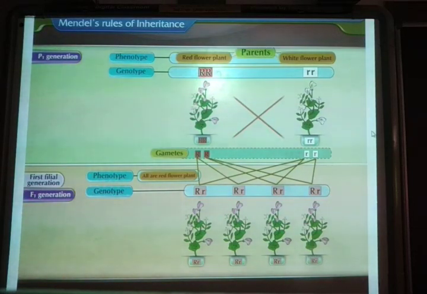That is, when parents having genotype small r are crossed with parents having genotype capital R, two types of gametes are produced, namely capital R and small r. By the combination of gametes, we get F1 generation of plants with genotype capital R, small r.